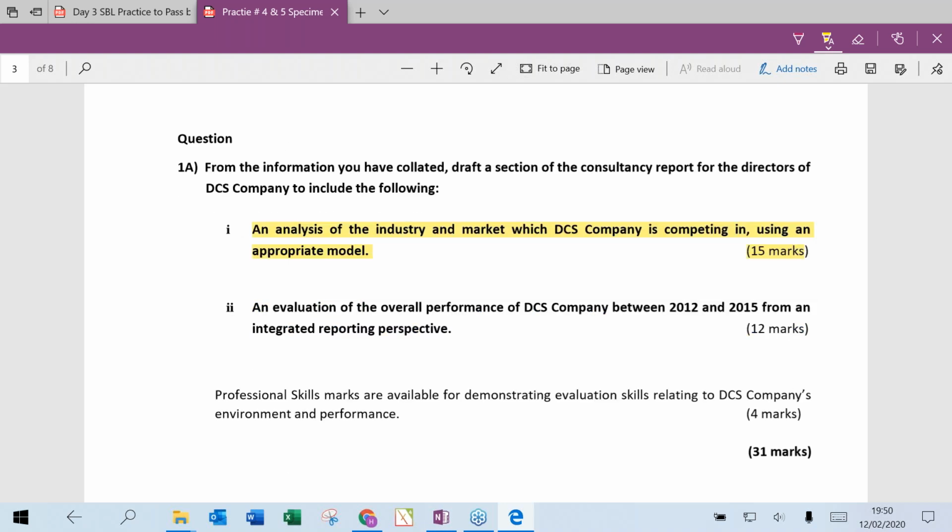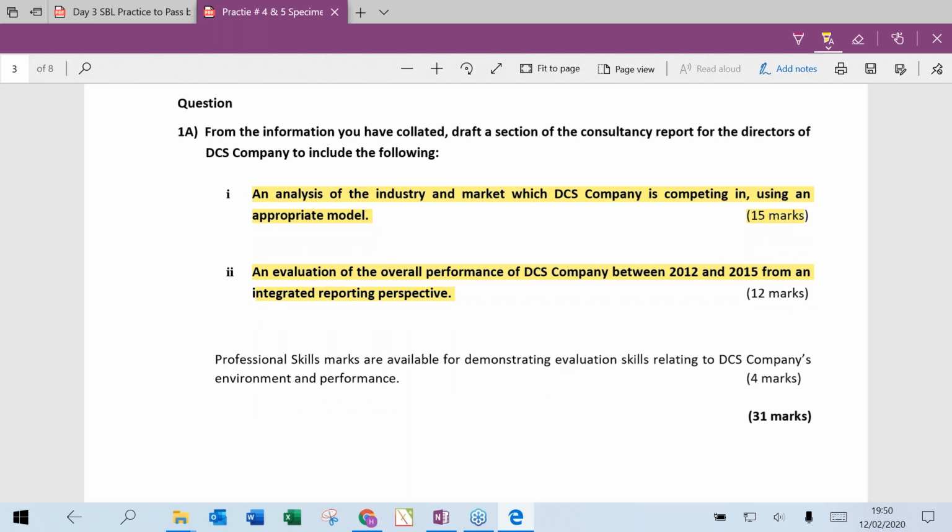Part B, an evaluation of the overall performance of DCS company between 2012 and 2015 from an integrated reporting perspective. So this is why we are doing this question now: we need to evaluate the performance of this company from an integrated reporting perspective. 6 capitals, absolutely.